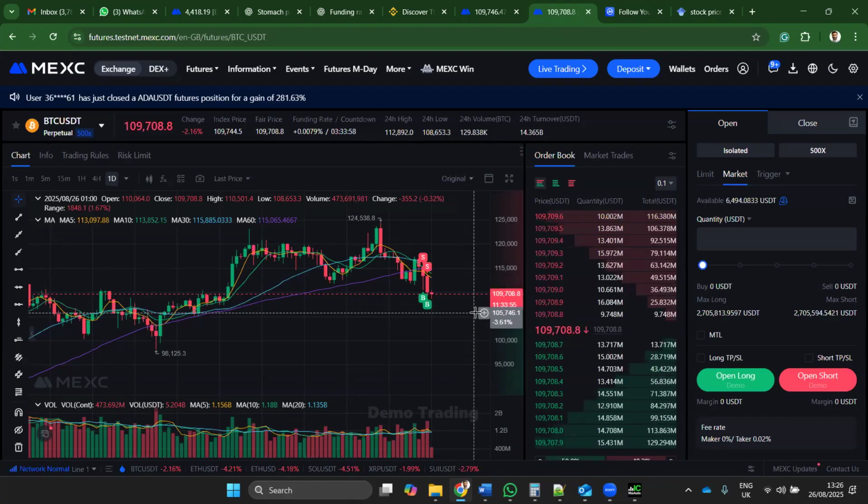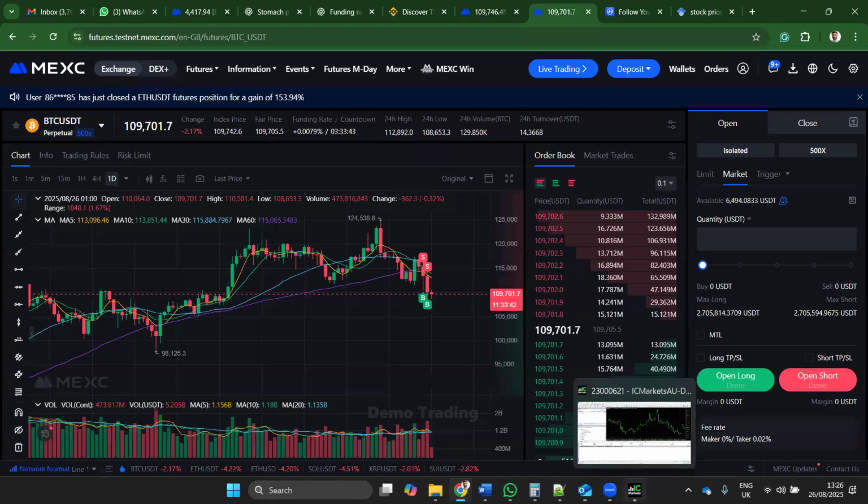It can be the other way around. The market is not moving much. When the market is very volatile, meaning the price is going up and down very fast, then this difference could be very big.